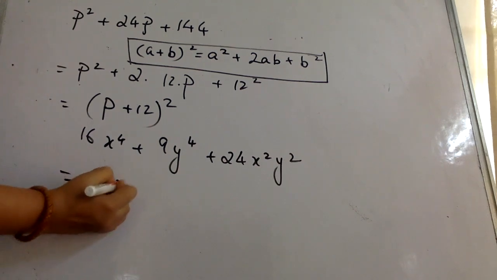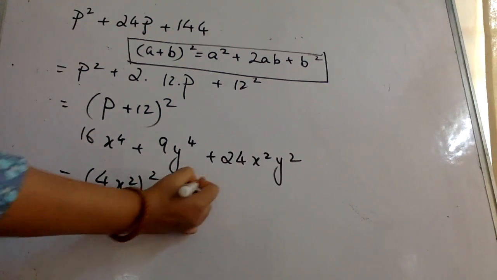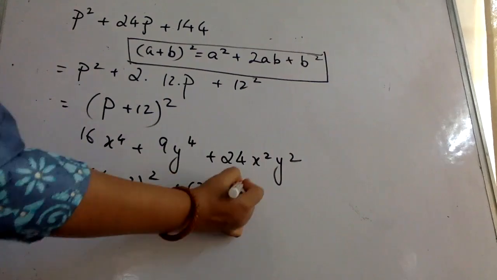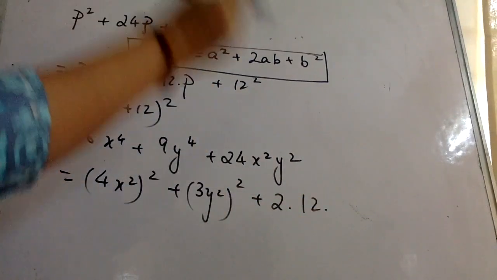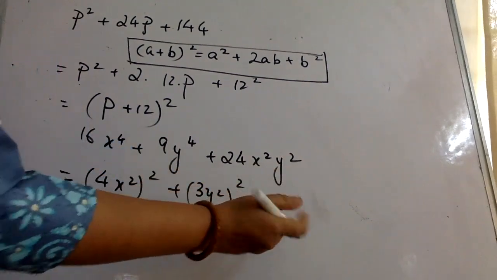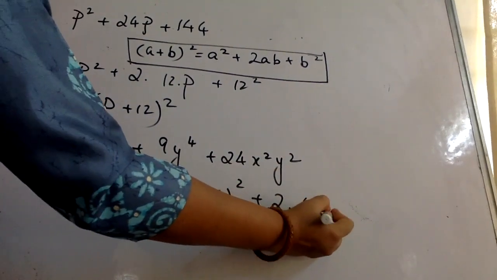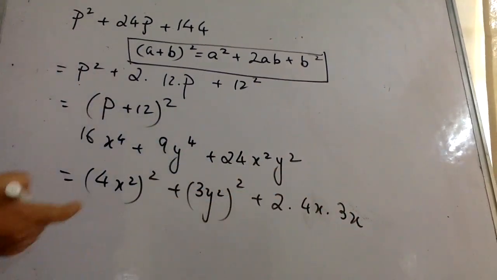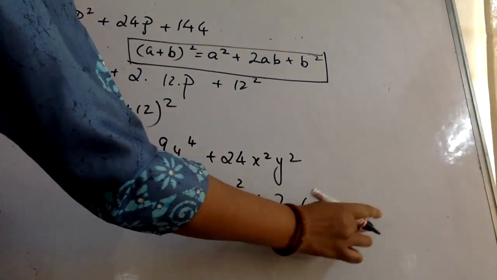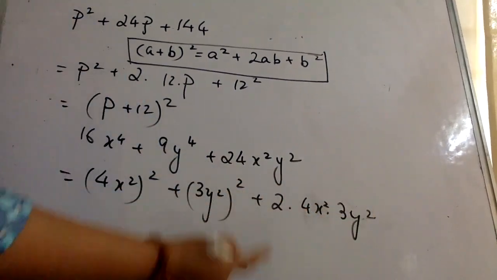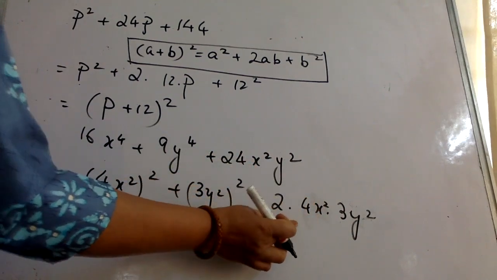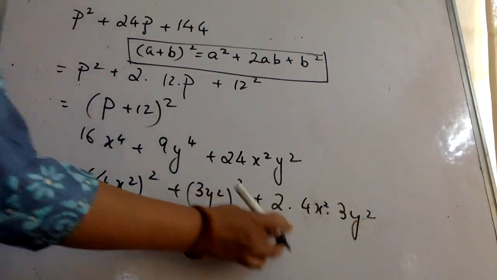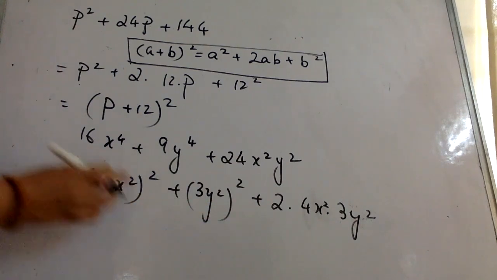It is 4x square, whole square, plus 3y square, whole square, plus 2 into 4x square into 3y square. That is what gives me 24: 12 into 2 is 24. So I have the 2ab term here, the b square and the a square.